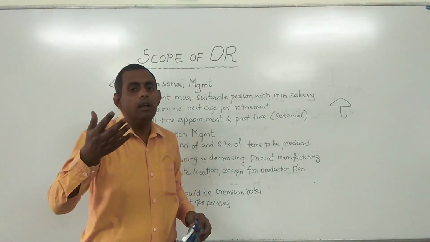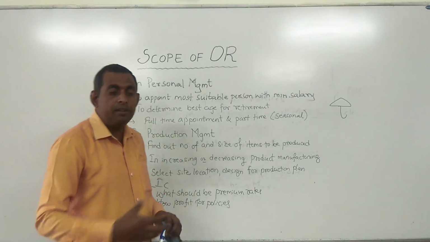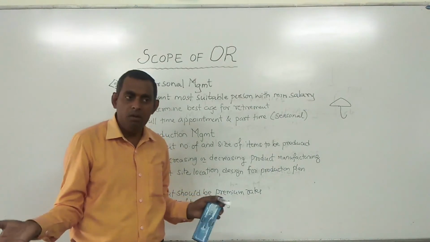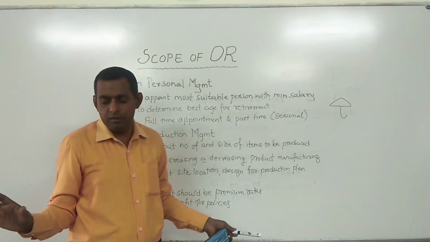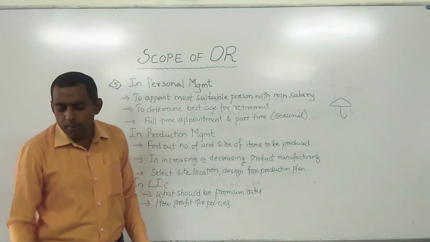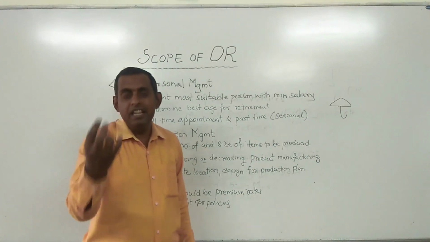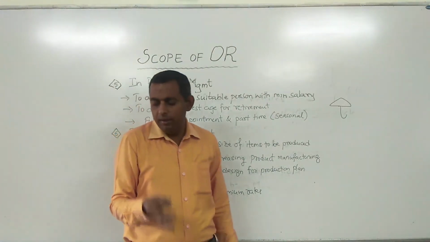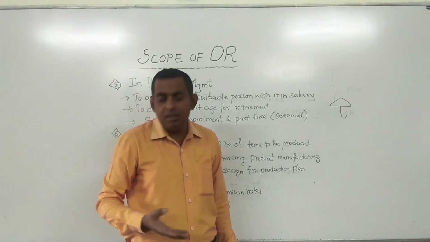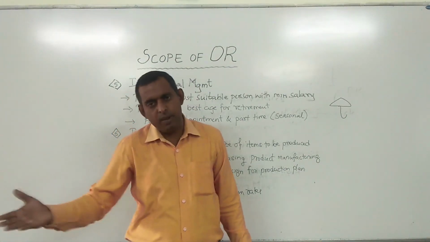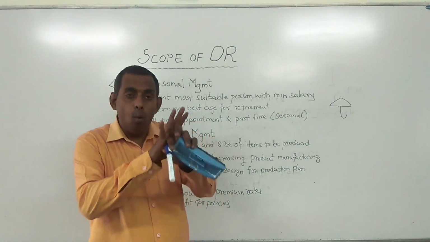But later, industrialists and economists took this subject and started to use it in different fields. Now it has a very wide scope. One by one I will repeat: in agriculture, in finance, in industry, in marketing, in personnel management, in production management, and in LIC and XYZ, etc. Again, I will say OR has very wide scope.